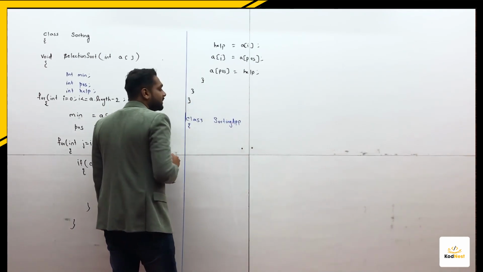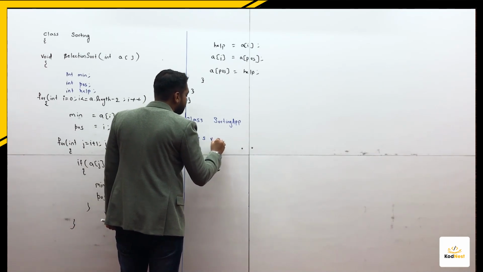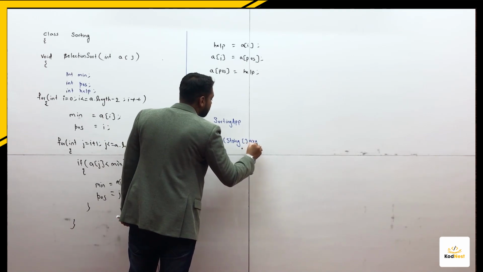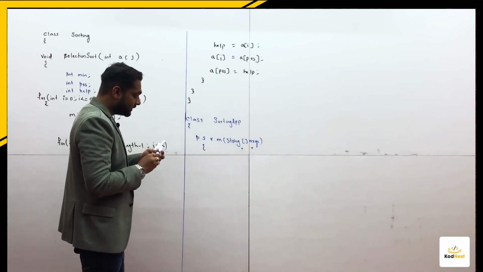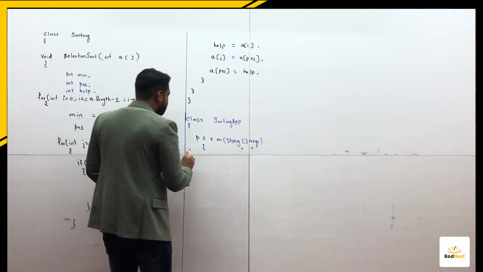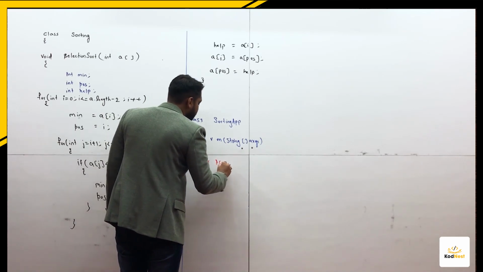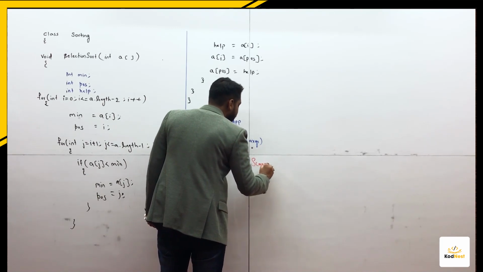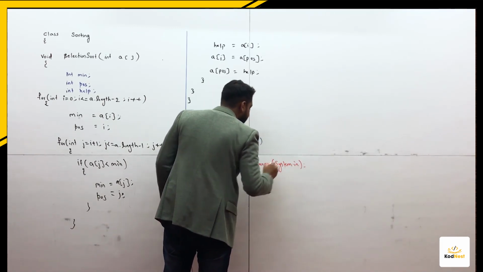Inside this class called SortingApp, I will write the main method, public static void main, which would accept String args. Inside the main method, I would create the object of Scanner like this: Scanner scan equals new Scanner of System.in.